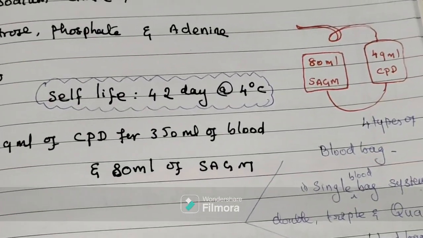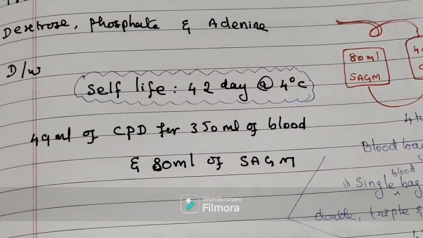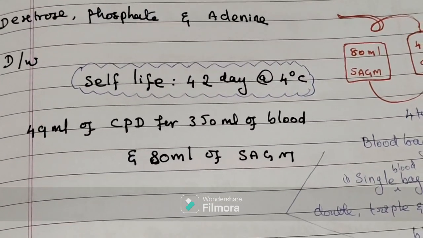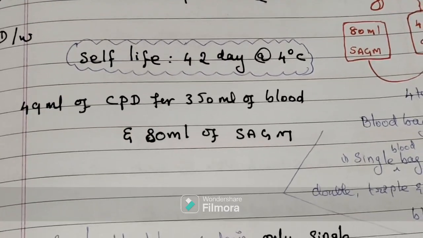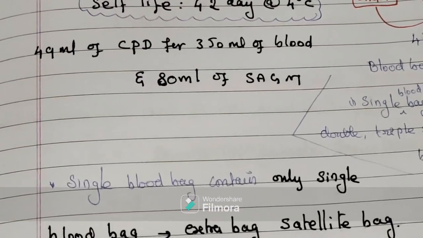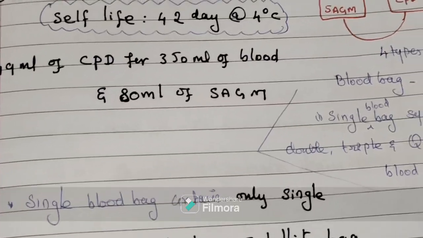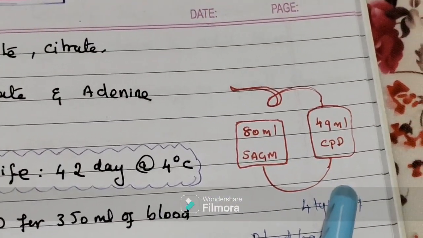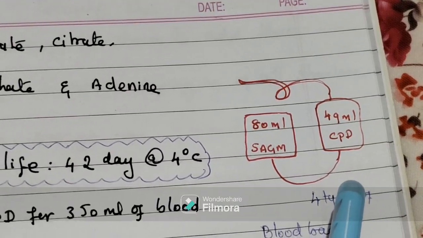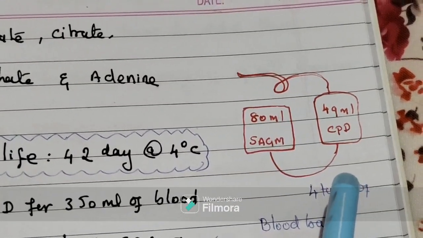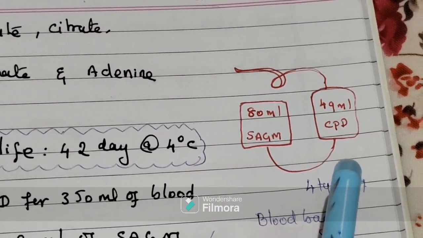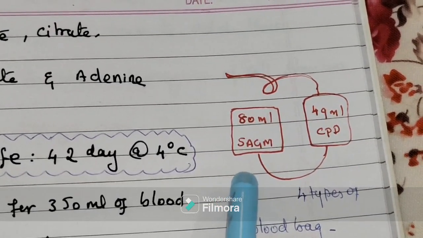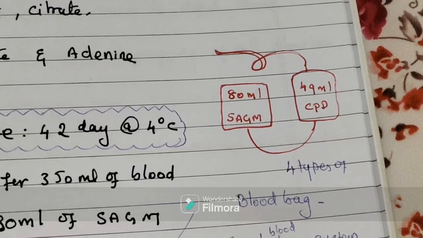Its lifetime is 42 days at 4 degrees. We take 49 ml of CPD for 350 ml of blood, and 80 ml of saline adenine glucose mannitol.